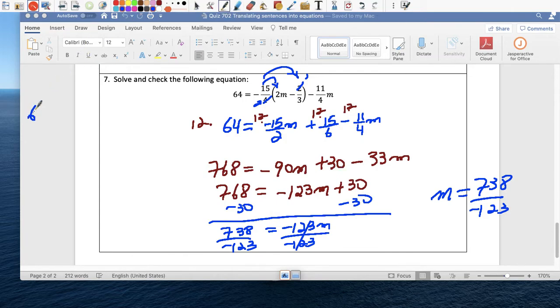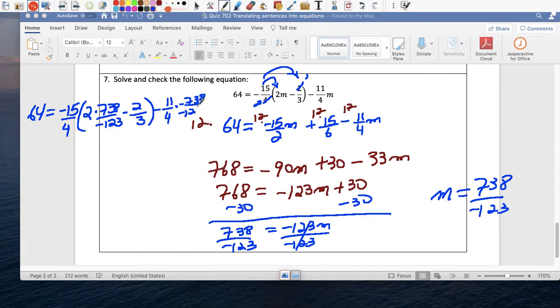So let's do a check. Negative 15 over 4 times our answer, 738 over negative 123, minus 2/3. Minus 11 over 4 times negative 738 over negative 123.